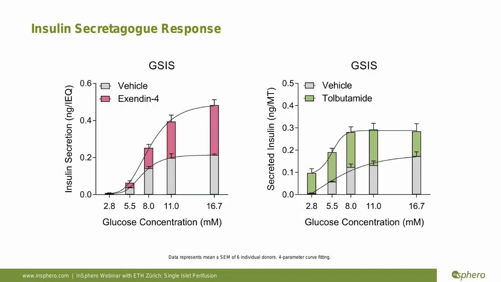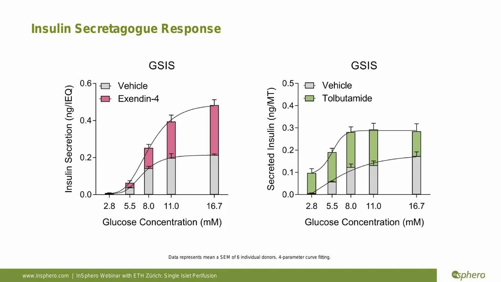We also established that our islets respond to different pharmaceutical stimuli in an expected way. Here we showed 2 different stimulations with insulin secretagogues. One is exendin-4, a GLP-1 receptor agonist, and the other is tolbutamide, a sulfonylurea class of compound.